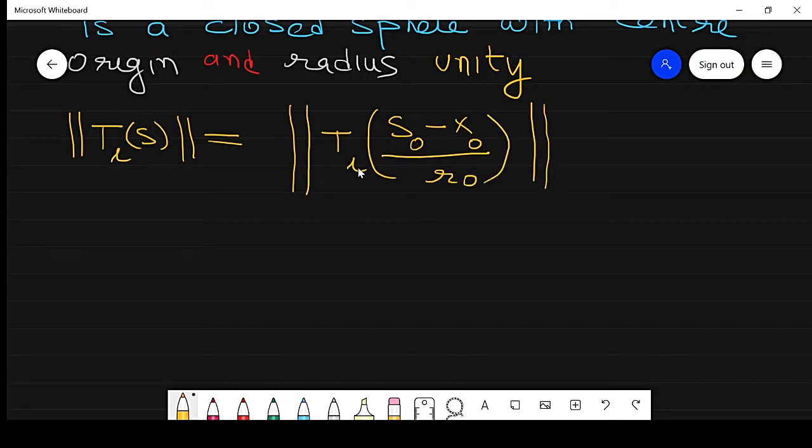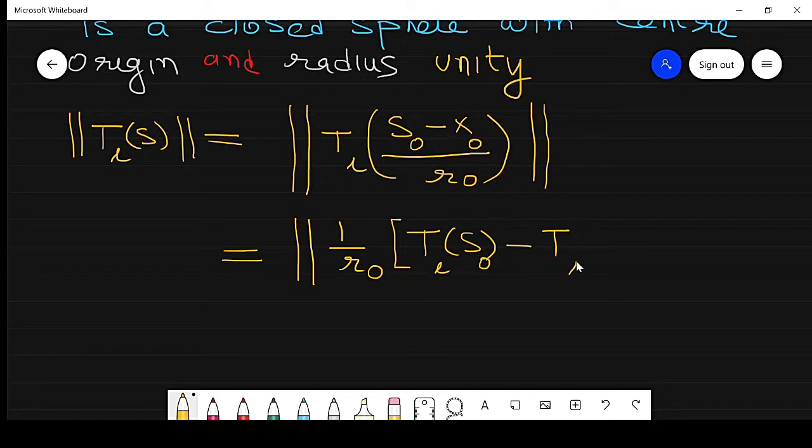Since this is a linear transformation, it can be written as the norm of 1 by r0 times the bracket Ti S0 minus Ti x0, and this is a norm.